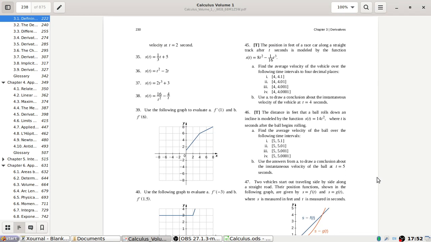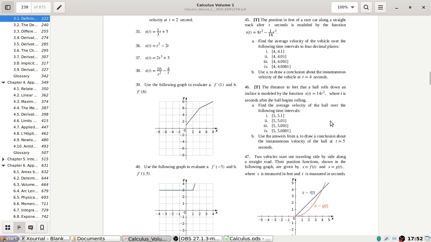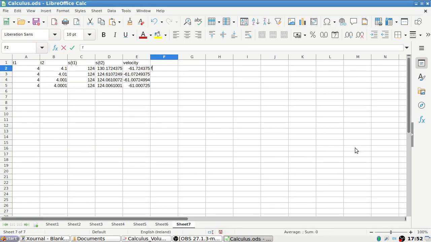No. Oh, was the one earlier meters per second? Yeah, it was. This one is feet per second. Estimate, looking like it's minus 61 feet per second, I should say.